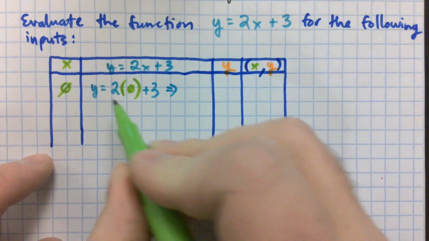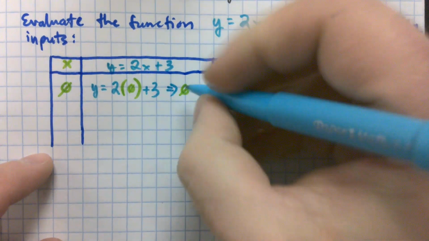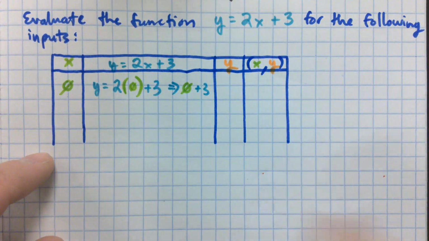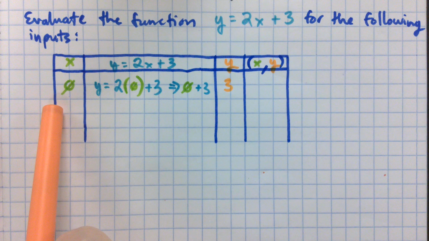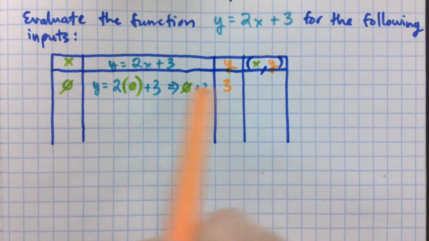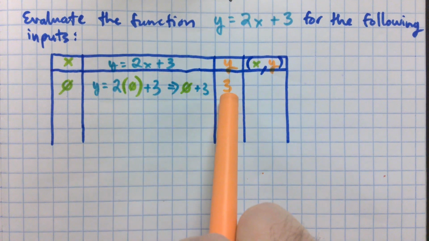What is 2 times 0? 0 plus 3. 0 plus 3 gives me 3. So with an input of 0, we work that function out here in the middle, and we get an output of 3.